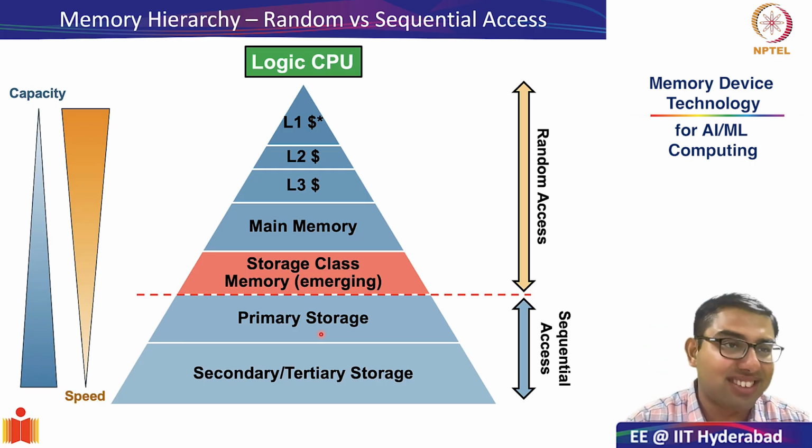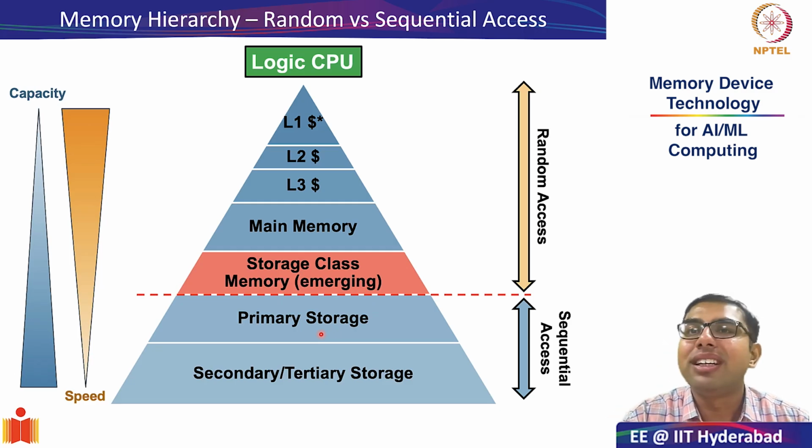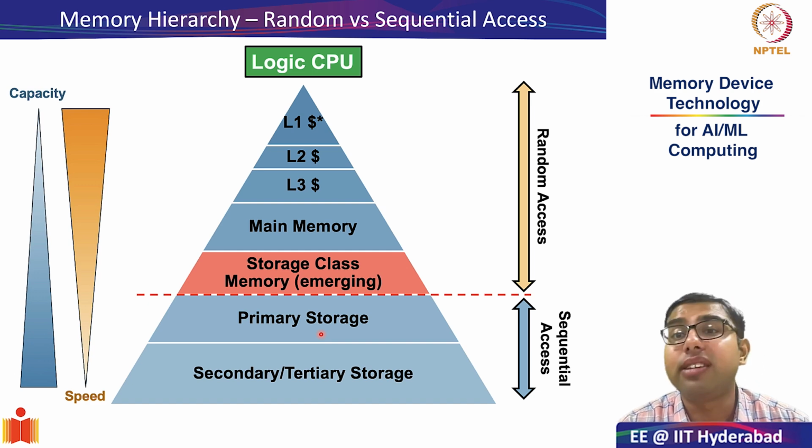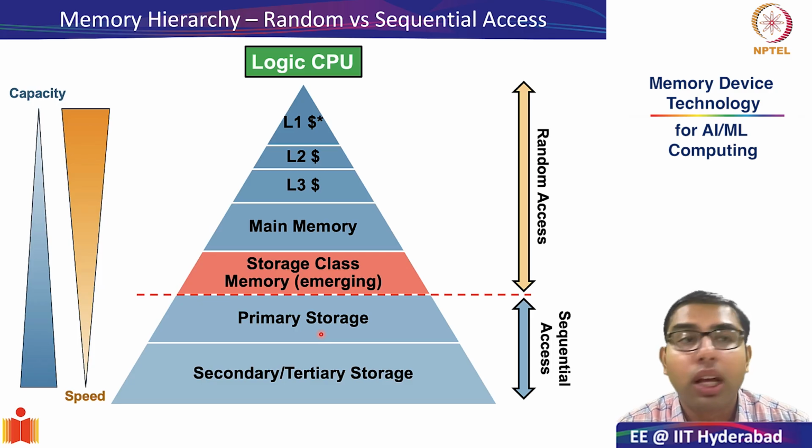While NAND flashes are sequential access, you will see that NOR flash can have random access also. But NOR flashes are generally not used for high bit density storage. So this definition and this classification still holds. Just a small detail which we will discuss later in detail.